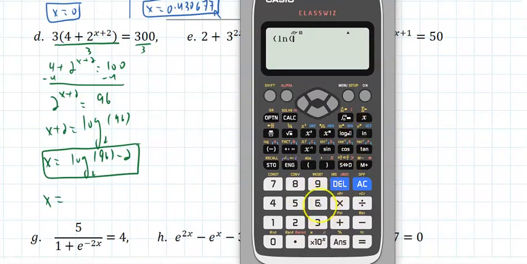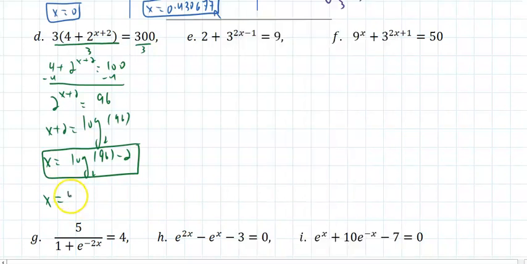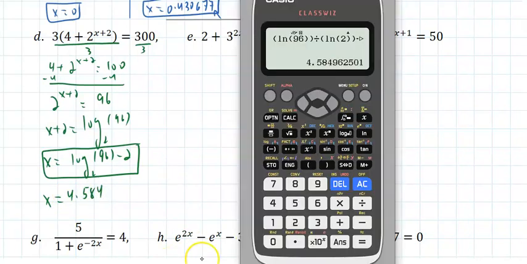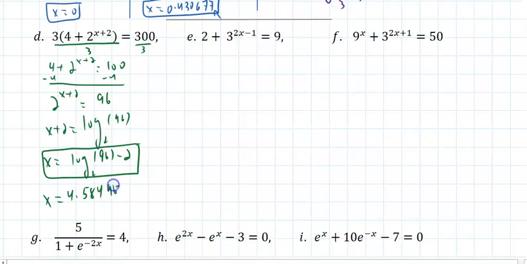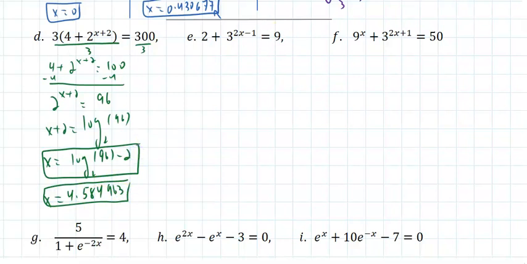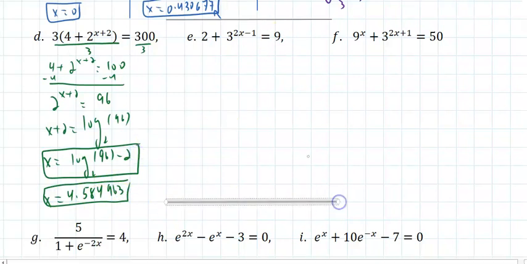So I'm going to take natural log of 96 divided by natural log of 2 minus 2. And all of that is 4.584963. It seems the 6 decimal places were always rounding up. I wonder if that's always the case.